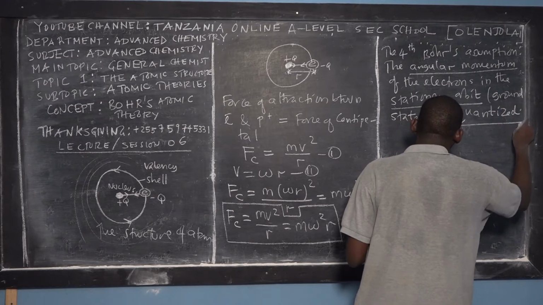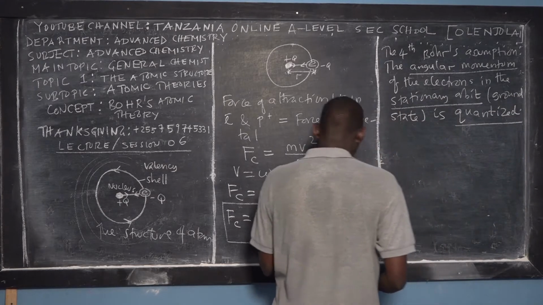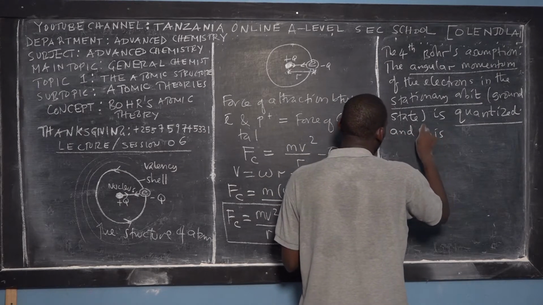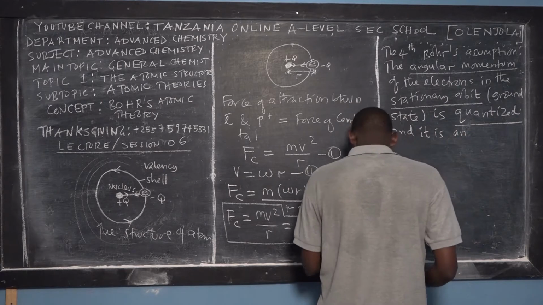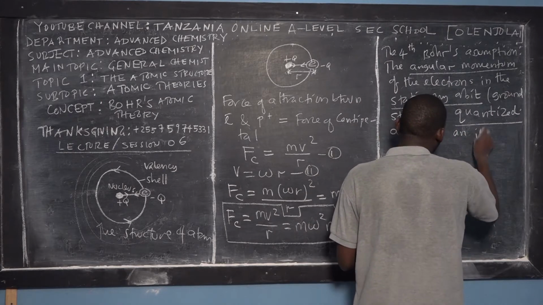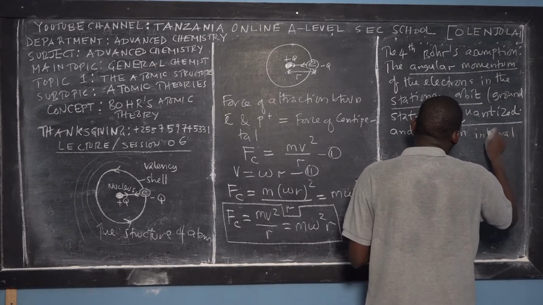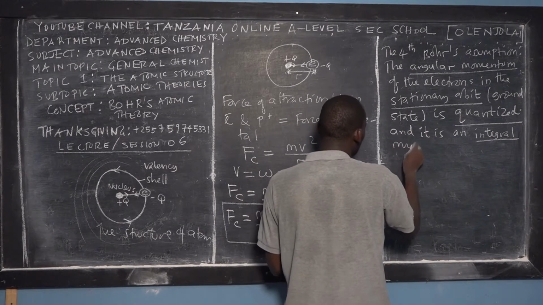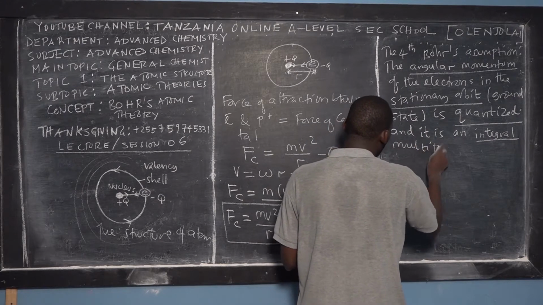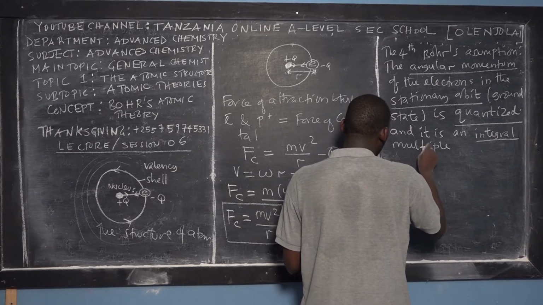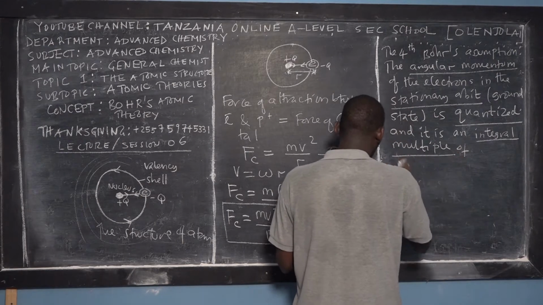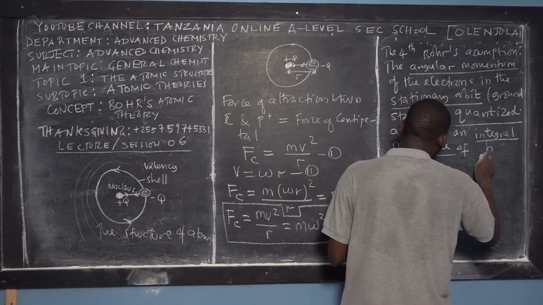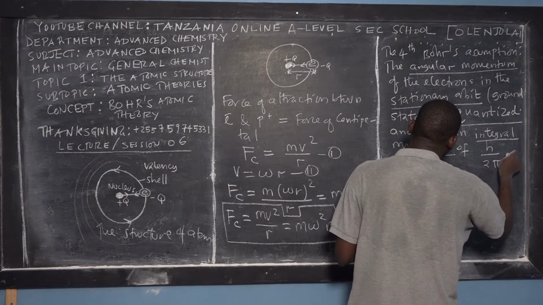It is an integral multiple. It's an integral multiple of what? Of Planck's constant over 2 pi. That's right, the way it is.